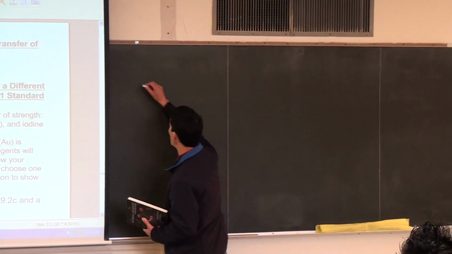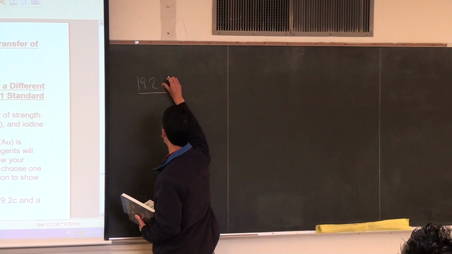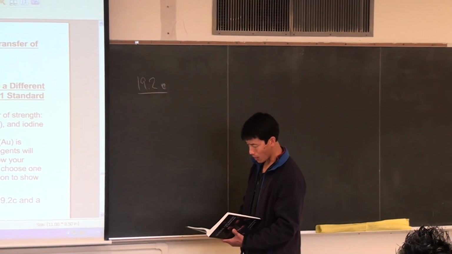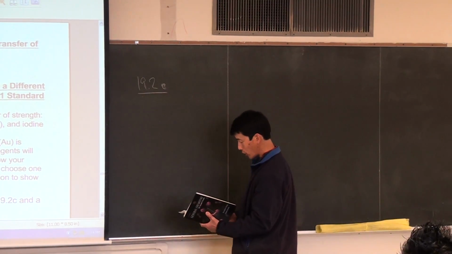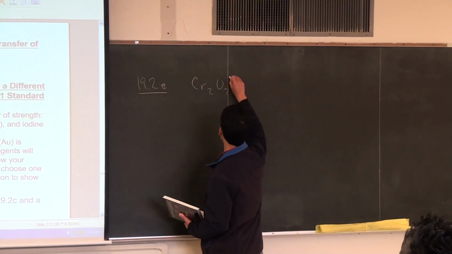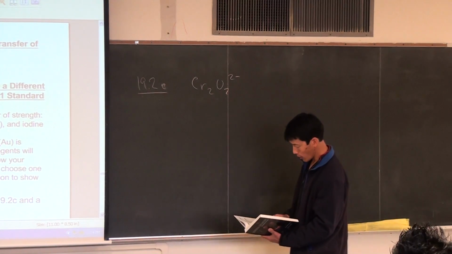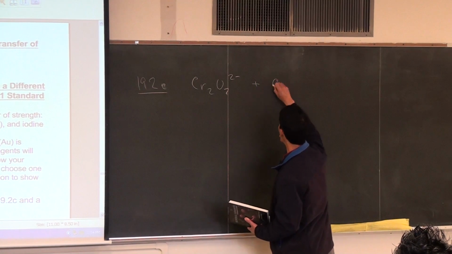Okay, so this is 19.2c. It states: balance the following redox reactions. So we have Cr2O7 2-, the dichromate ion, and that reacts with C2O4 2-, the oxalate ion.